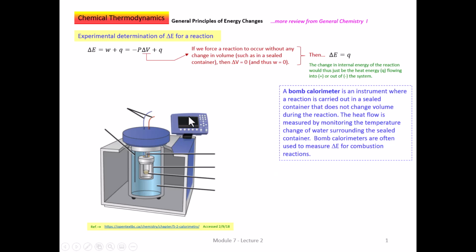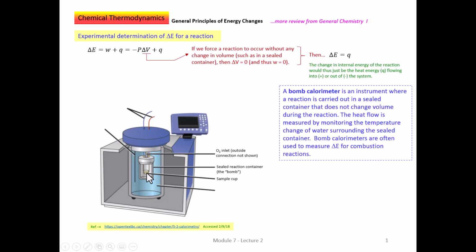So this is a cartoon of a bomb calorimeter, and you can see here that there's a sealed container, which is called the bomb. And in the sealed container is a sample cup in which the reaction would occur. And typically it's combustion reactions that are observed in bomb calorimeters. And remember, in a combustion reaction, you'd be taking a material and reacting it with oxygen.